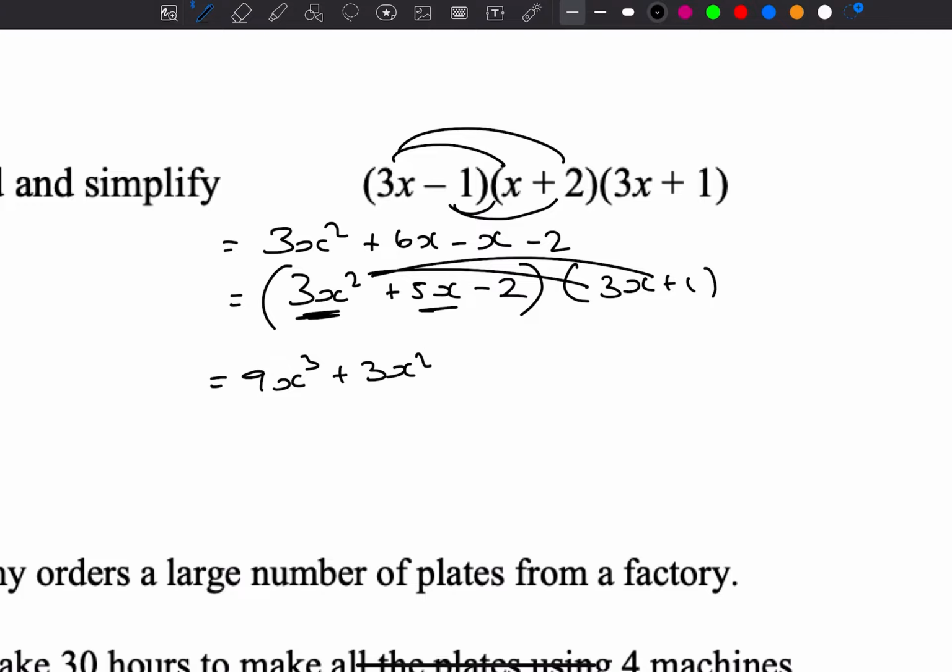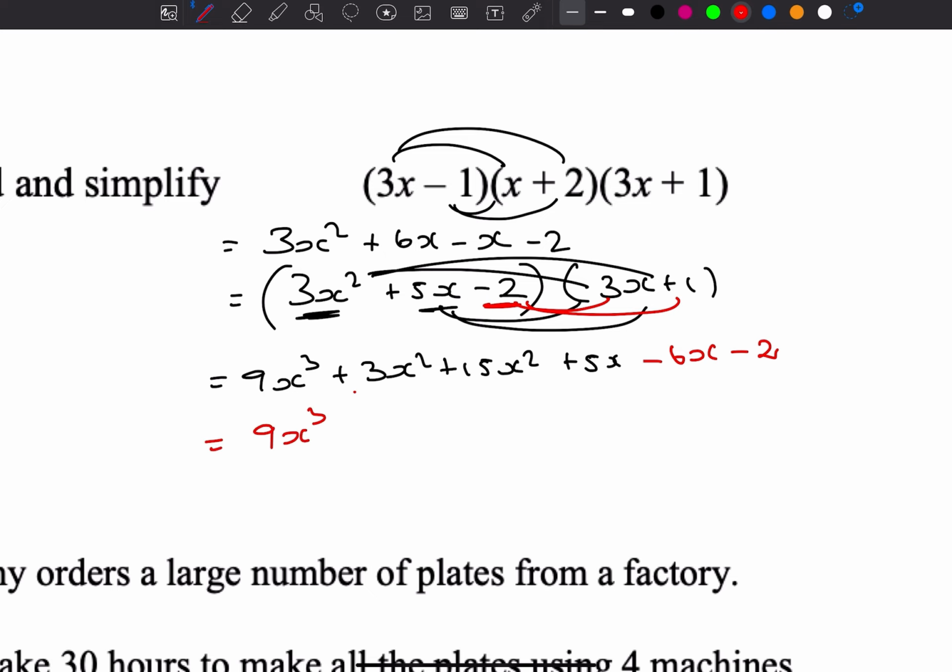If you multiply by the 5x, that's 15x squared, and again that will give you 5x. Then the other one is from minus 2, which is minus 6x minus 2, which will give you 9x cubed plus 18x squared minus x minus 2, and that's your answer.